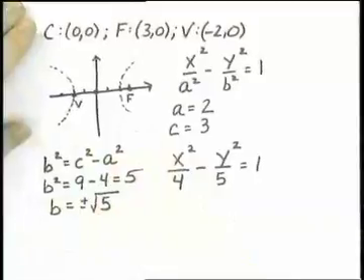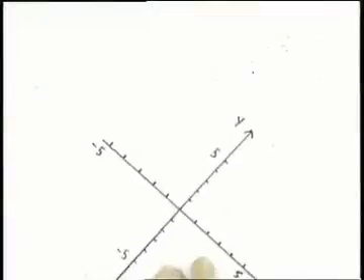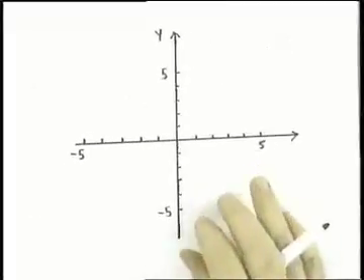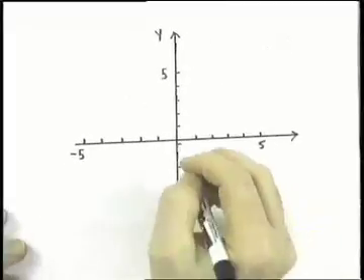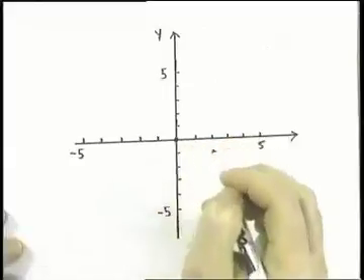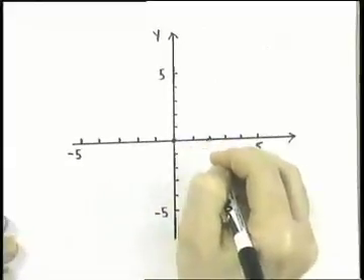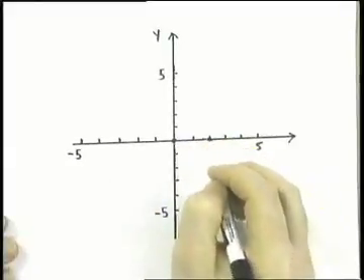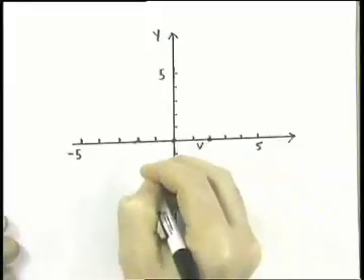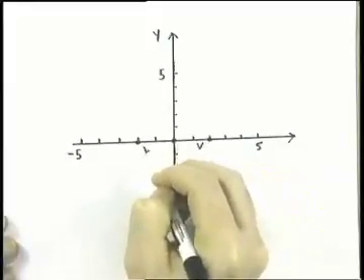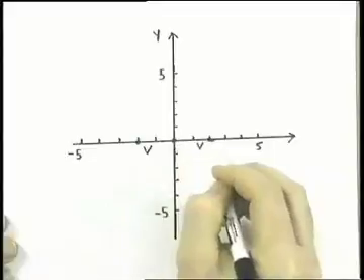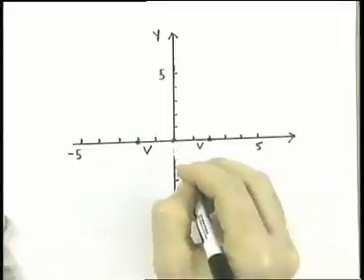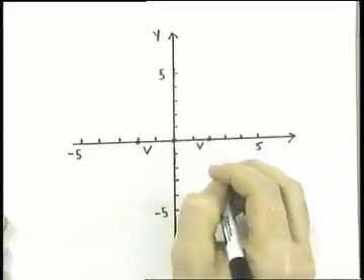Let's use this information to start up our graph. We're going to have our graph whose center is at the origin. We have one vertex at 2, 0. We have another vertex at negative 2, 0. Why? Because A was found to be 2, and A is the distance from the center to the vertex.